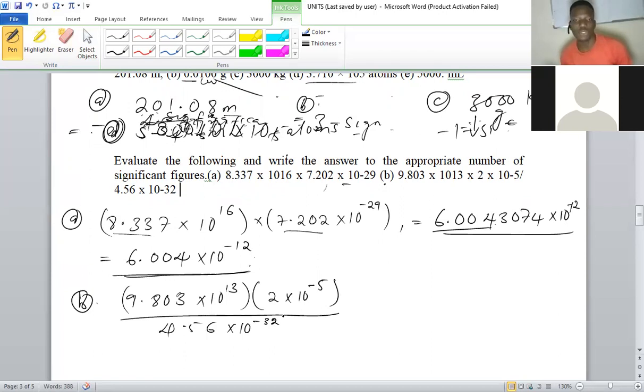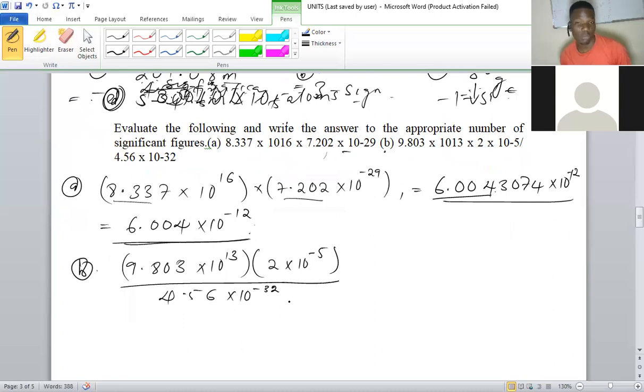So we have to do this step by step. We start with the multiplication, the numerator, and then we come to division. But all in all, we have to remember the same rules which we use for multiplication and division. Actually, division and multiplication have the same rule.